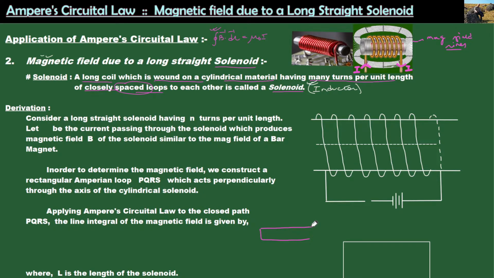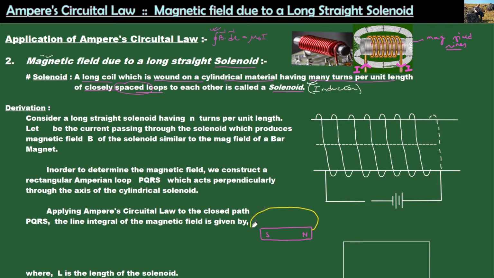If I have a bar magnet, this is a permanent magnet in which one end is the north pole and the other is the south pole. Like for instance, if I consider this is the south pole and this is the north pole, we know that there will be magnetic field lines generated by this magnet.